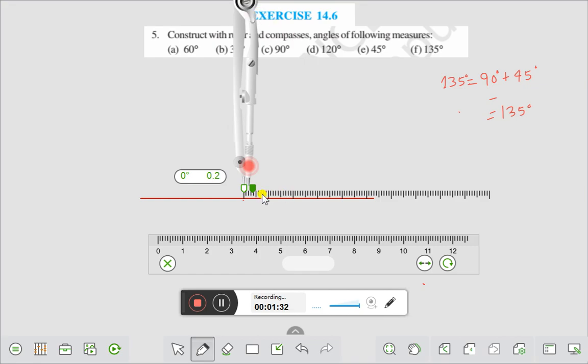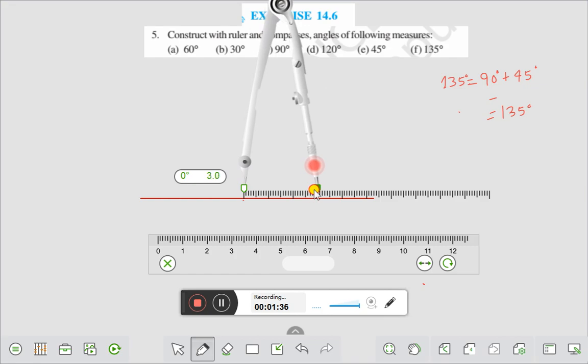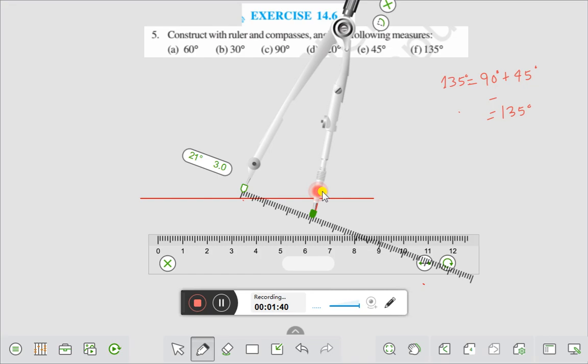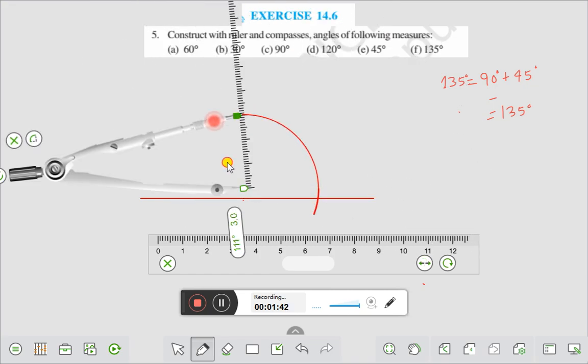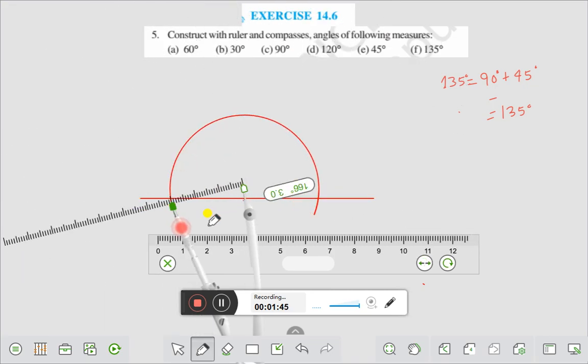Right? Take an arc, draw an arc here, right?